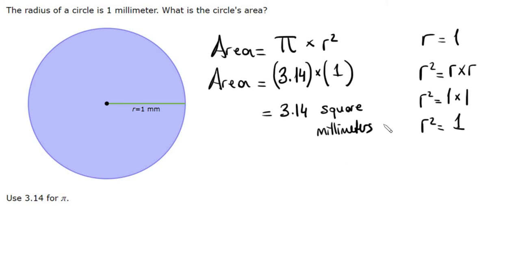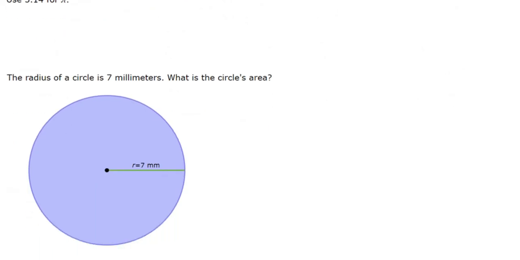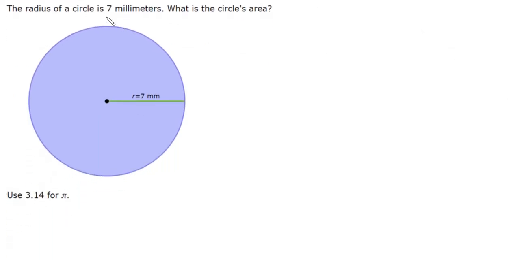All right, let's do the next one. The radius of a circle is 7 millimeters. As you can see, the radius is given. The formula for the area is pi times r squared. Let's first find r squared, which is r times r.